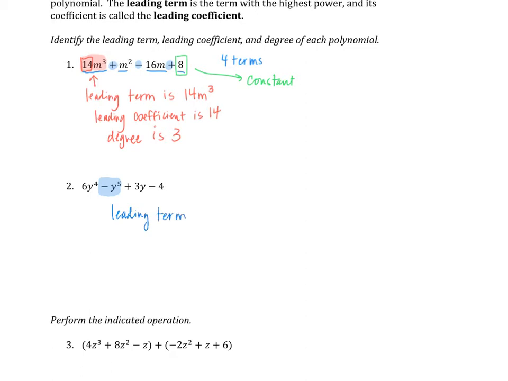You do have to include that negative with it. The leading coefficient is the number in front. There's no number written, so it's understood to be a 1. So the leading coefficient is negative 1. The degree is the exponent on that term, so the degree is 5.